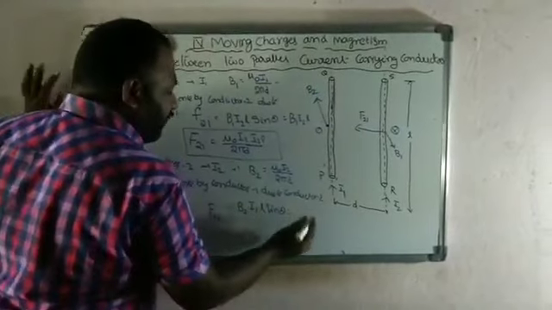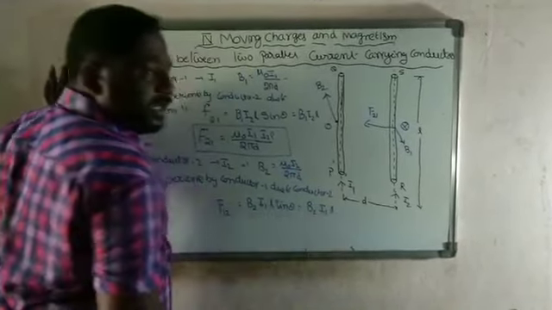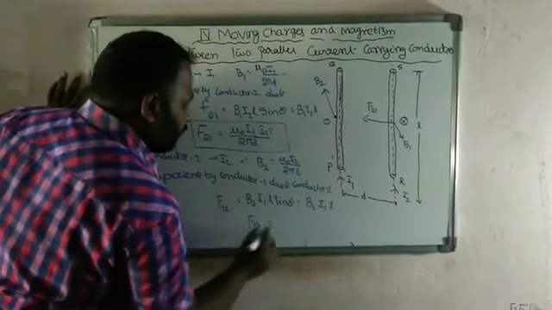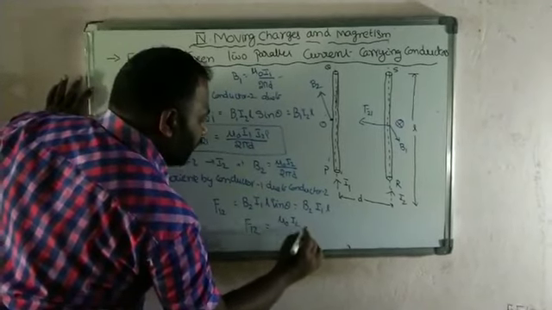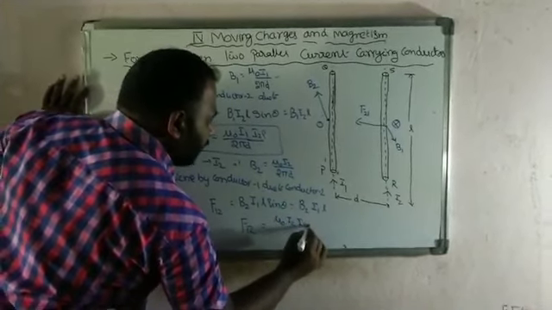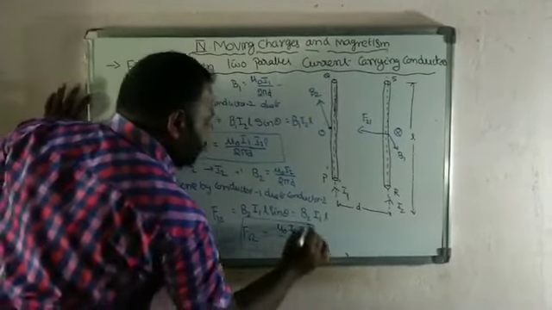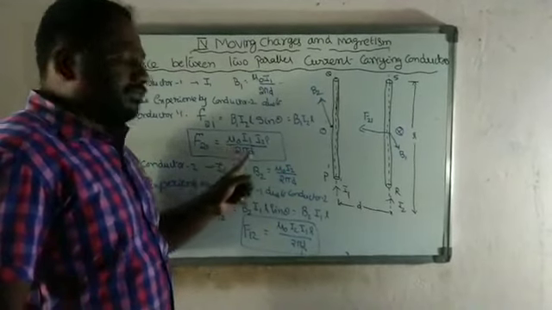Here also theta equals 90. This is B2 into I1 into L. Substituting, we get F12 is equal to, what is B2? Mu naught I2 into I1 into L by 2 pi d. Here this is the force F12 and here it is the force F21.